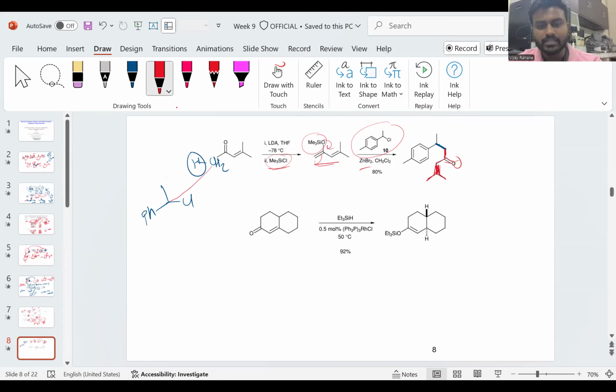Another example here is the addition of triethylsilyl hydride. So use of this triethylsilyl hydride and 5 mole percent of this metal-based catalyst at 50 degrees Celsius. Upon reaction, it gives this enol formation. What happens in this case? This triethylsilyl hydride gives a source of hydride. Upon addition of this catalyst, the shifting of the double bond takes place around this one, right?